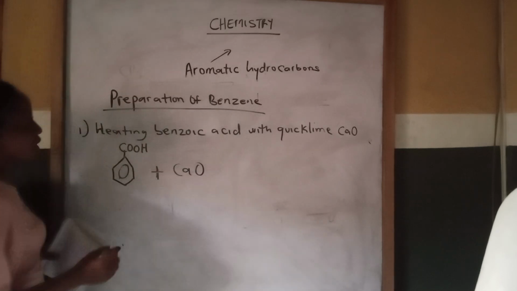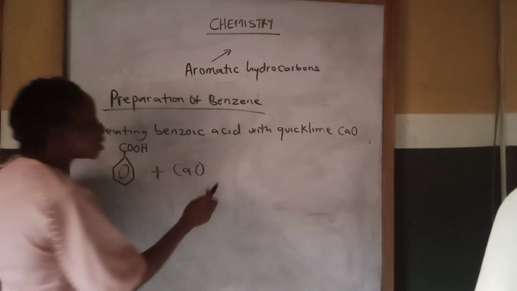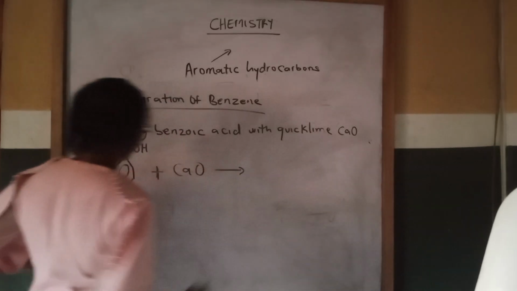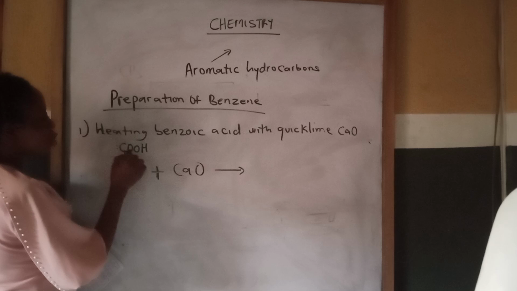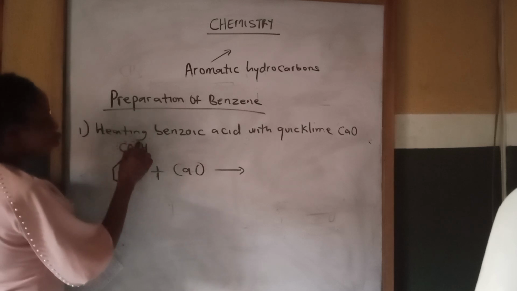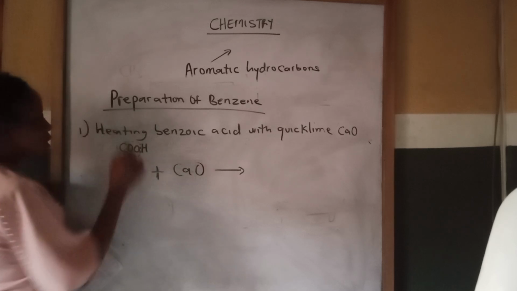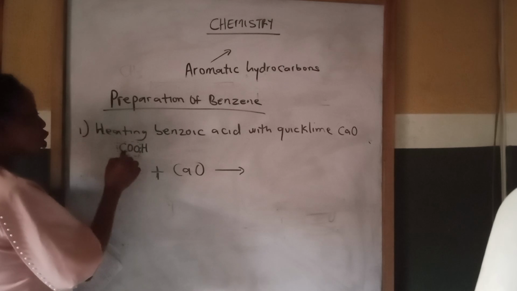So reaction between benzoic acid and calcium oxide will give us benzene. So what are we going to do? You decompose this COOH, then you remove CO2 from COOH, then the hydrogen will come in.